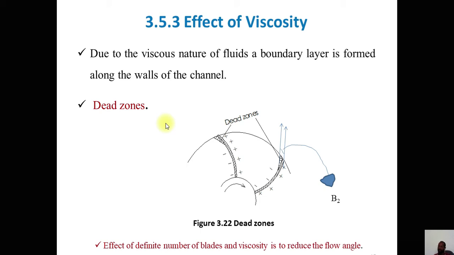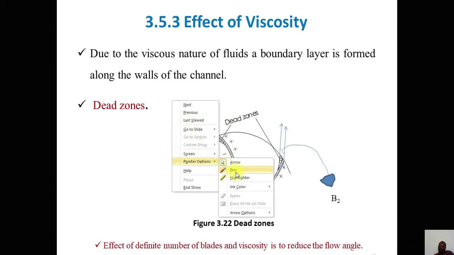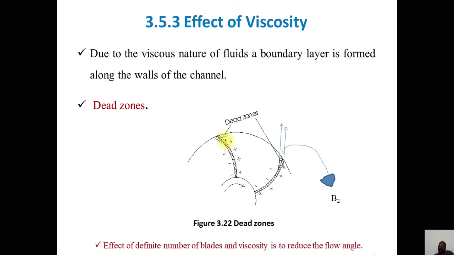Due to this viscous nature, there is a formation of dead zones in the flow. As you observe on the screen, dead zones form mainly at the outlet side of the channel.